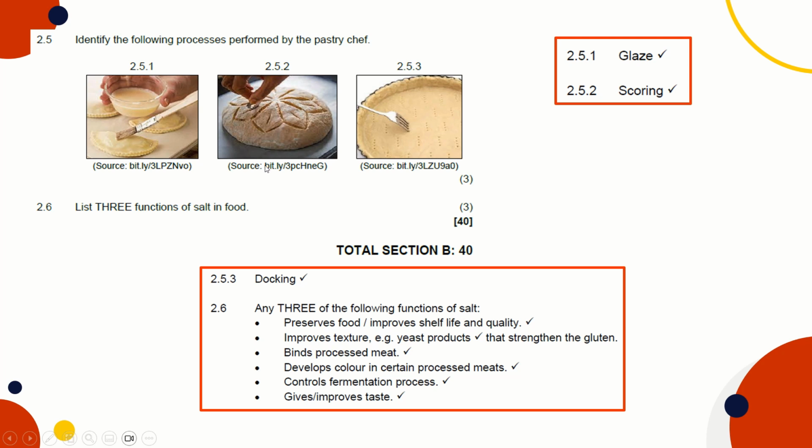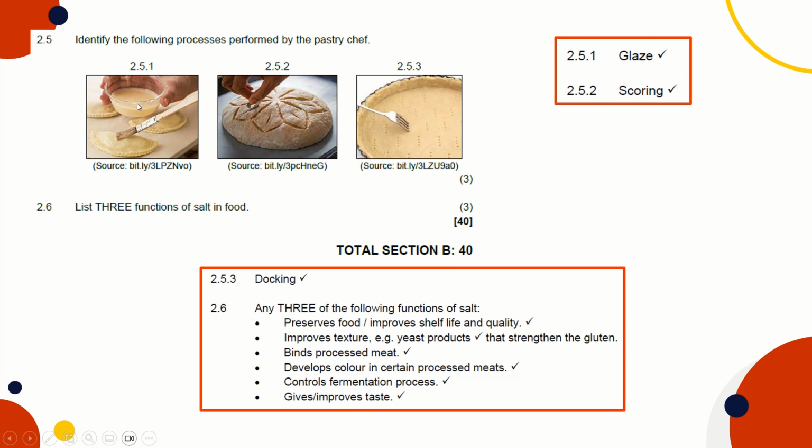2.5, here 4 pictures have been given, and you need to identify the processes that are performed by the pastry chef. The first one, you can clearly see a dough brush is used to brush some egg wash on top of these pies.